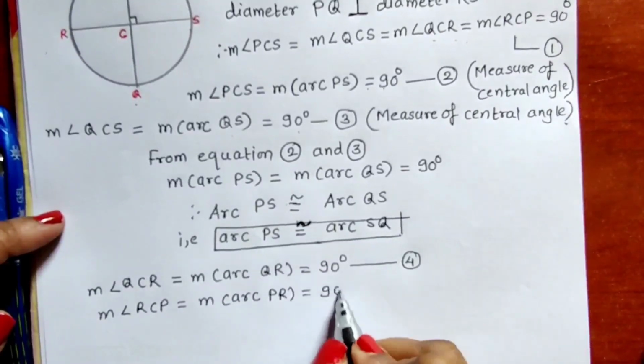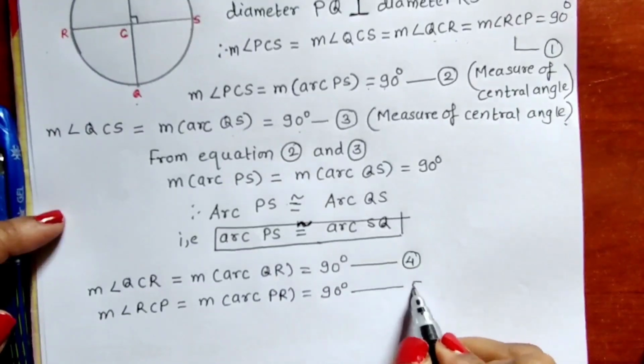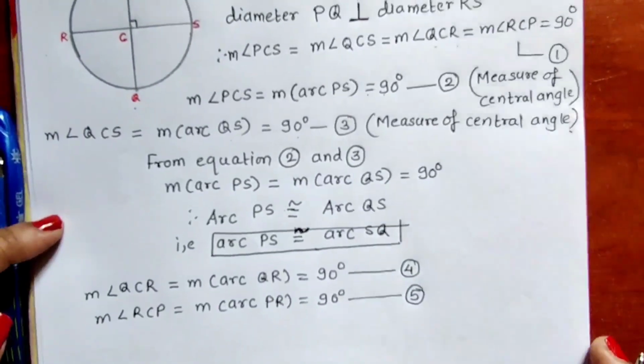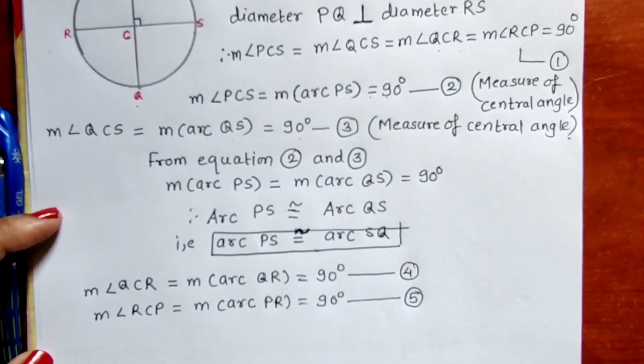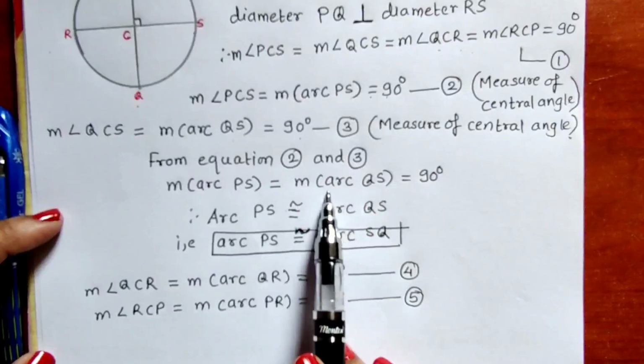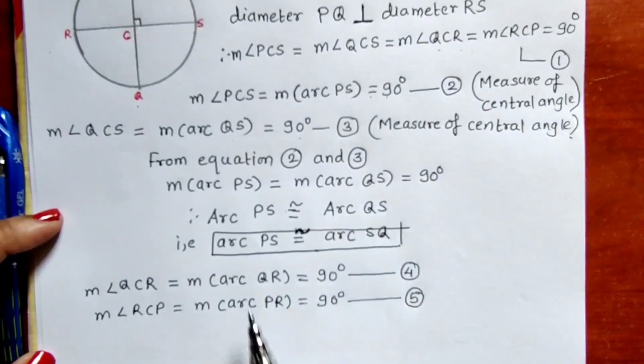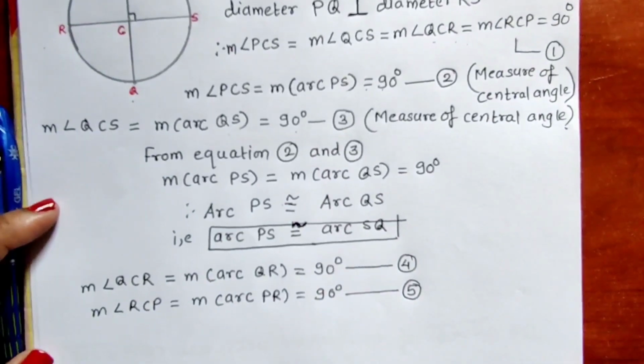They both will be equal to 90 degree. This will be number 5. So from 2, 3, 4 and 5, what we can find out? Arc PS is congruent with arc QS. They are congruent with arc QR and arc PR. That all these 4 arcs are congruent with each other.